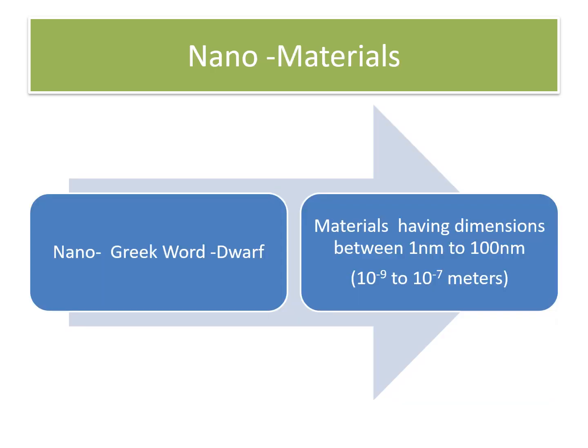First, we'll try to understand what is meant by the nano. So, nano, it is a Greek word which means dwarf. So, dwarf means a very small object or material, and basically the material having dimension between 1 nanometer to 100 nanometer, means 10 raised to the power of minus 9 to 10 raised to the power of minus 7 meters.